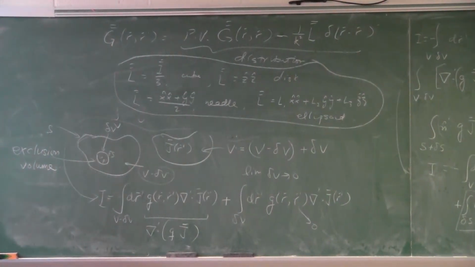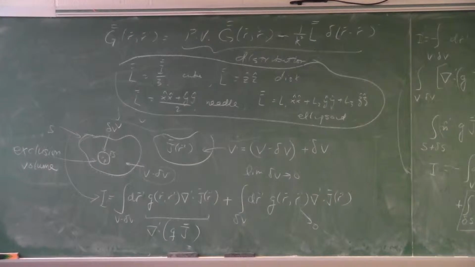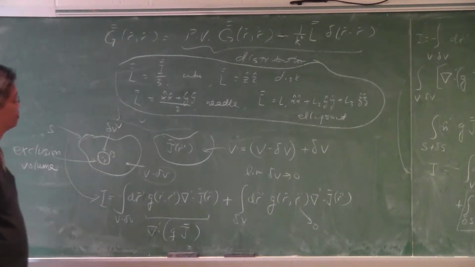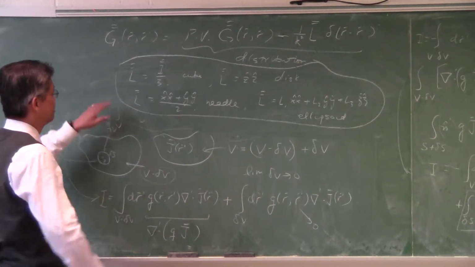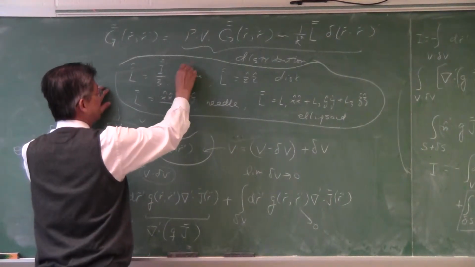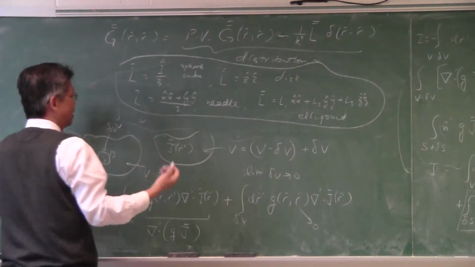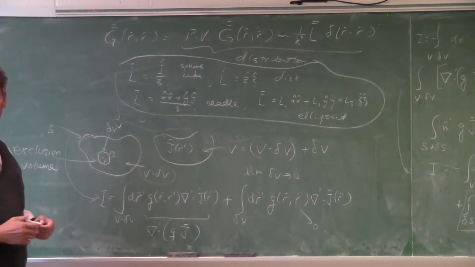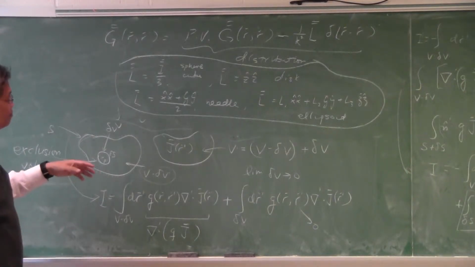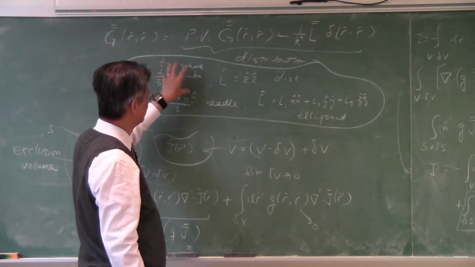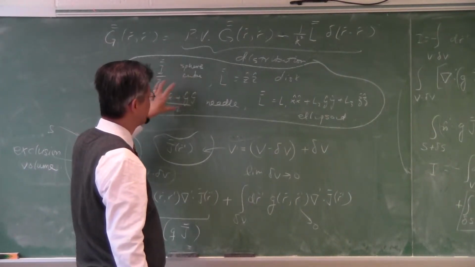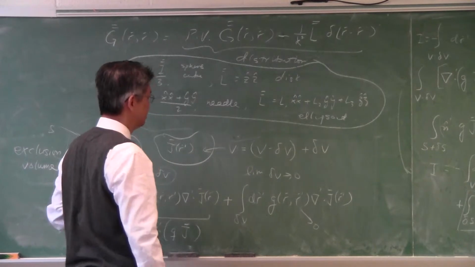Yes? So how do we select an exclusion volume based on the problem? How do we know which one to use, and why don't we just use a sphere or something? Sphere is also valid. I guess you pick the simplest for your problem. If you do a layered medium problem, you would like to do this. And if you do a general scattering problem, you might want to do a sphere or a cube, and you might do other things.